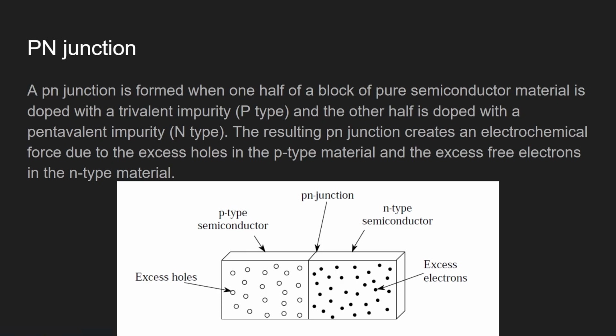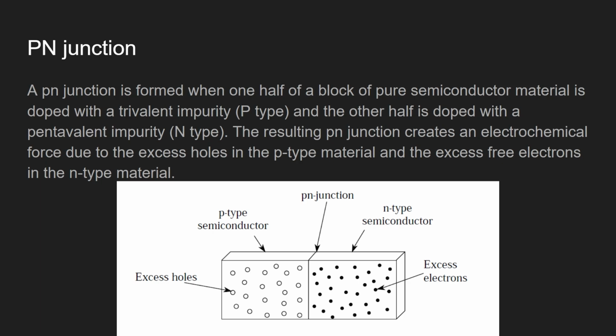Okay, we've talked about the P-type semiconductor and N-type semiconductor, holes and electrons, and now we have to talk about the NP junction. The NP junction is important when we talk about the Zener diode, a special type of diode which has been included in your syllabus.